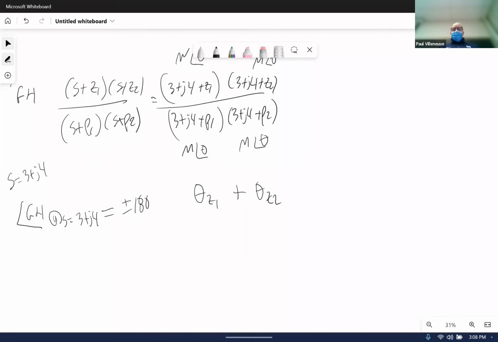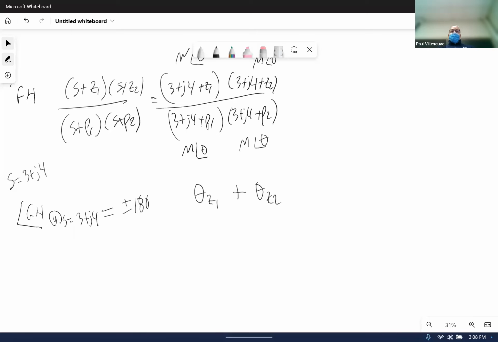They're in the numerator, correct? So I multiplied two numbers that are in the numerator. I converted them to polar coordinates, and they are multiplying each other, which means I added the angles together.